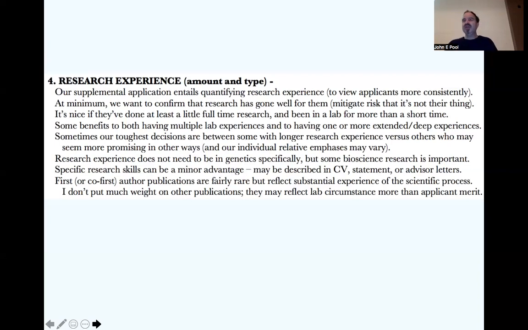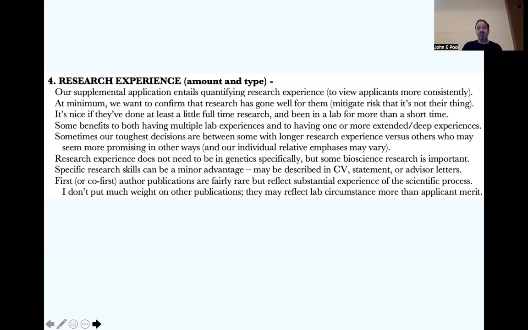And I point out that when we're comparing applicants that are so different in these different areas that we're considering, sometimes what we end up talking about at the end of these admissions committee meetings is whether to take student A, who has done a lot of research, maybe they've really piled up the what did I call it, FTRMEs, the full-time research month equivalents, and maybe their letters are decent, maybe their academic record is decent.